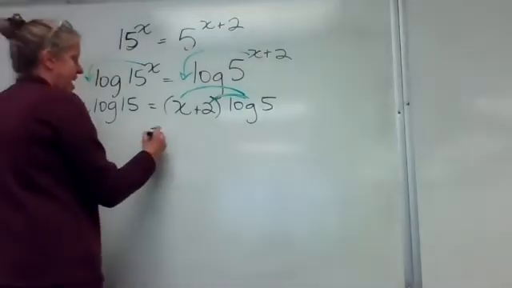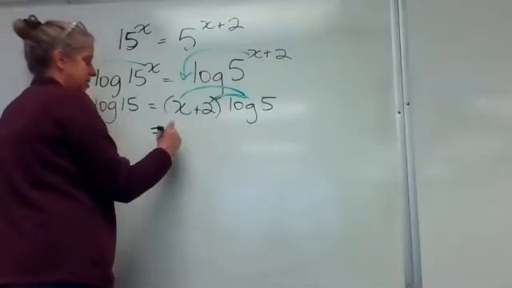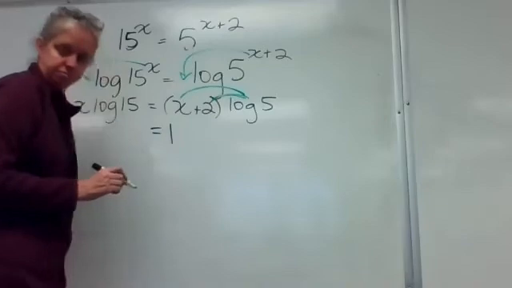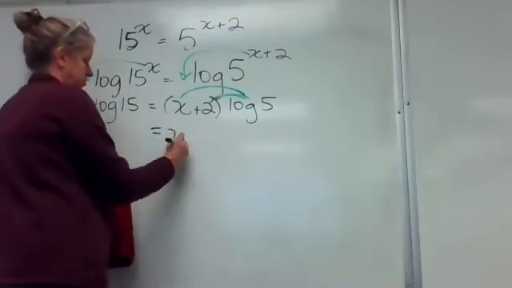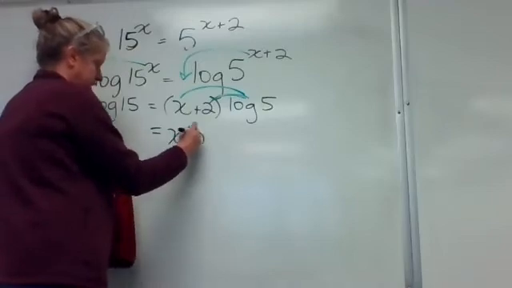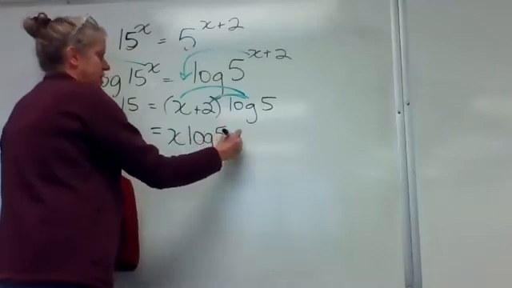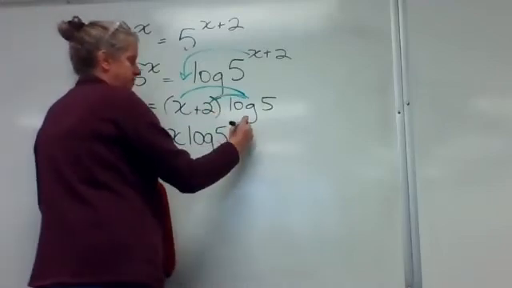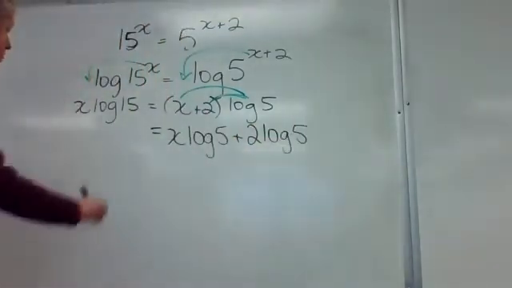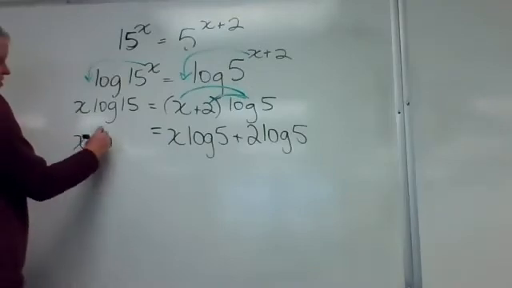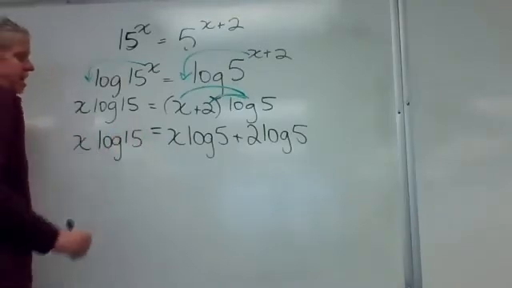So let's write that out. So x times log of 5 is x log of 5 plus 2 times log 5. So 2 log 5. Over here, I've got x of log 15.